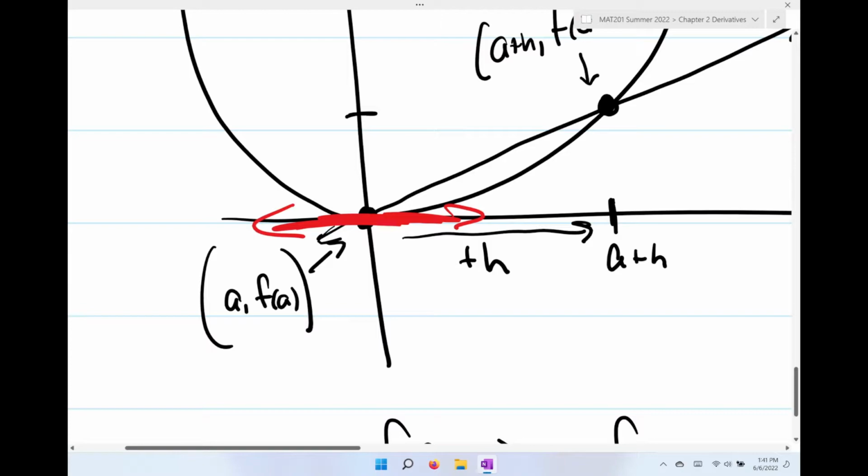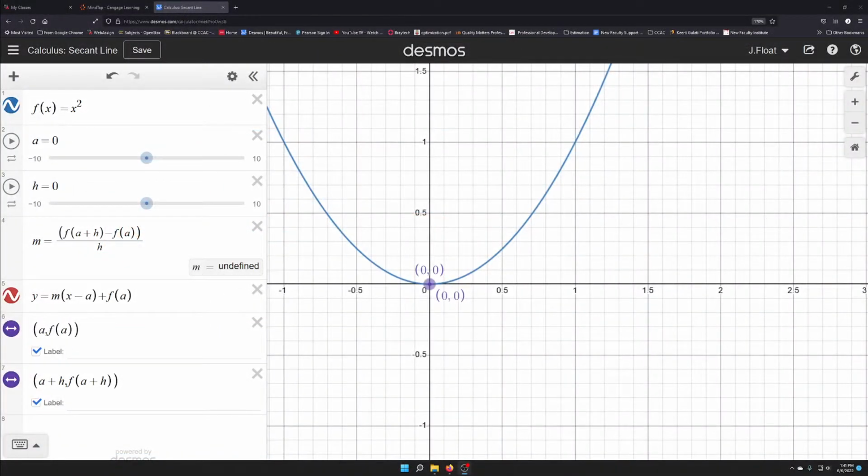Now, intuitively, hopefully, we know that this is the equation y equals 0, and all horizontal lines have a slope equal to 0. But here's the problem. If I go back to my graph, it says the slope is undefined.